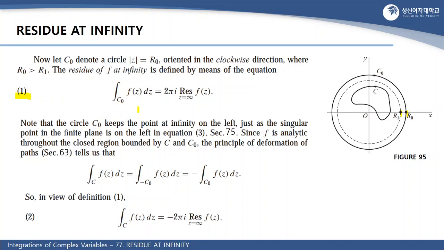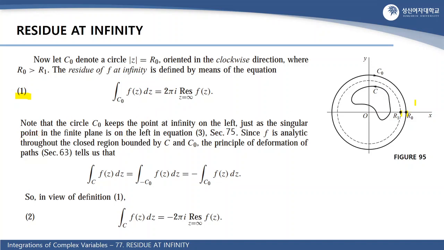The integral along the contour C0 of f(z) dz is equal to 2 pi i times the residue of f(z) at the point at infinity.